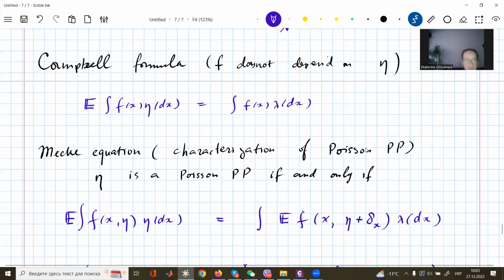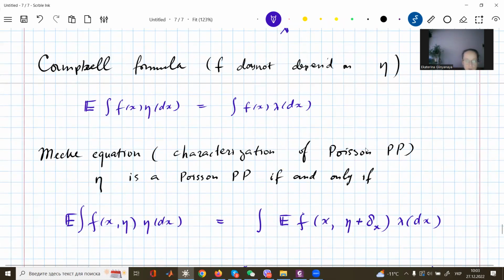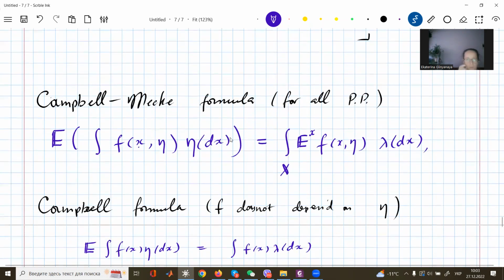So this is a short summary of what we did, and the notion of Palm distribution.